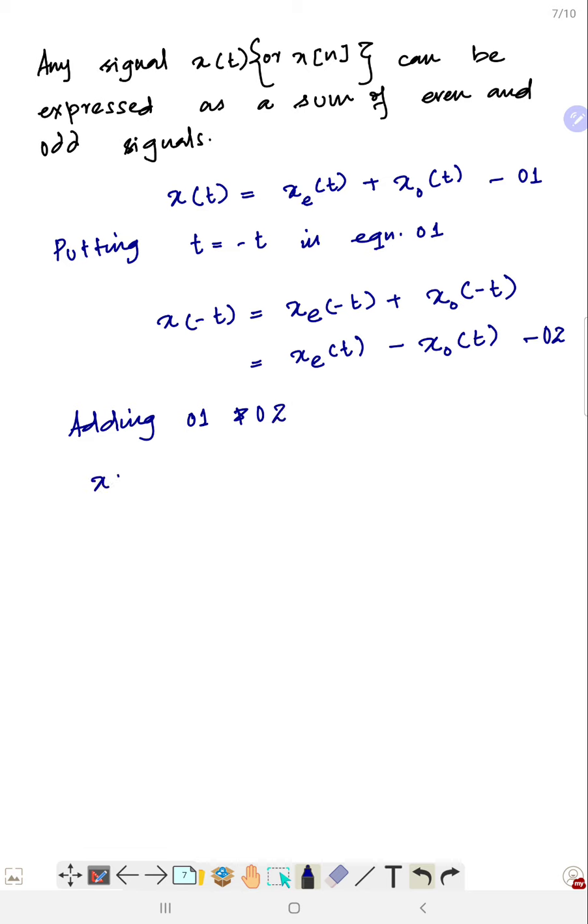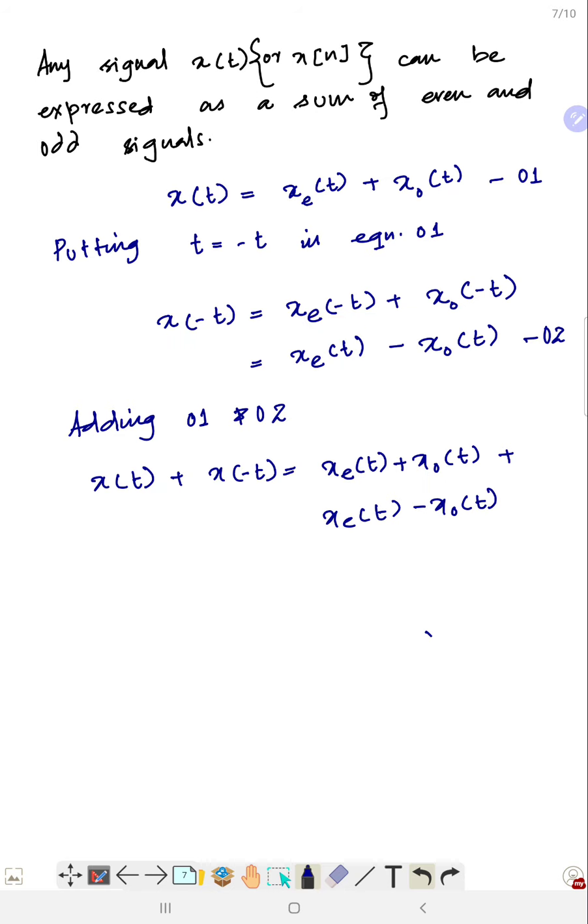what I'll get is x of t plus x of minus t is equal to x even t plus x odd t plus again x even t minus x odd t.